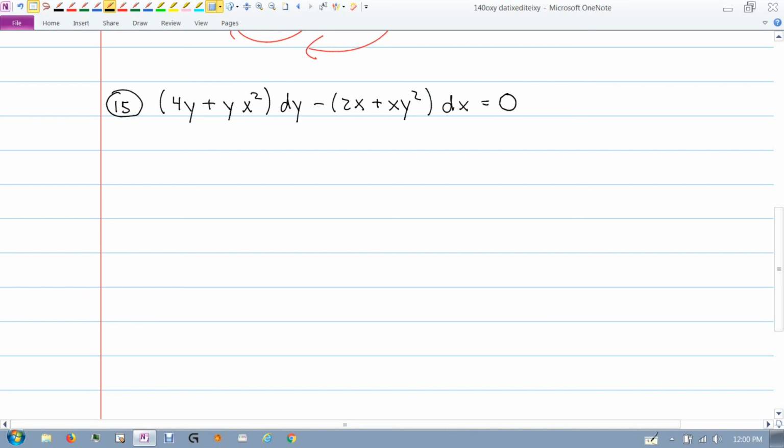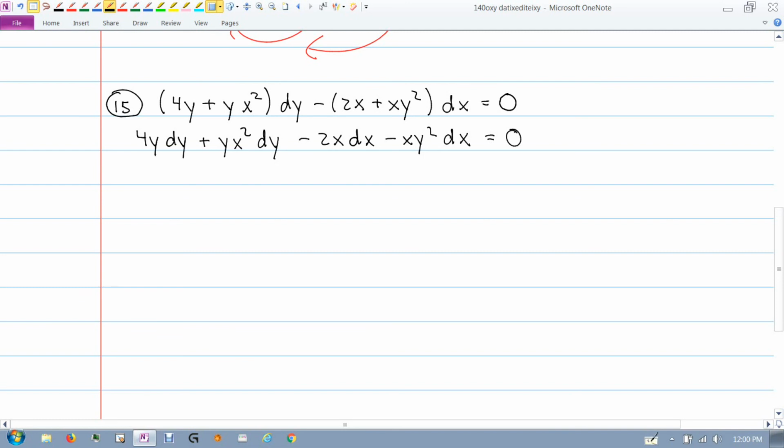All right, so I'm going to have to almost expand all this out. It's almost like I'm distributing the dy through everything here, and then I'm distributing the dx through also. Okay, so that gives us that. And now, let's see what we can do here.